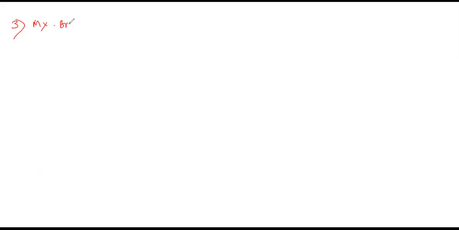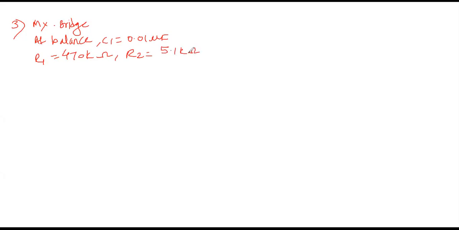The bridge constants at balance are C1 is equal to 0.01 microfarad, R1 is equal to 470 kilo ohm, R2 is equal to 5.1 kilo ohm, and R3 is equal to 100 kilo ohm.